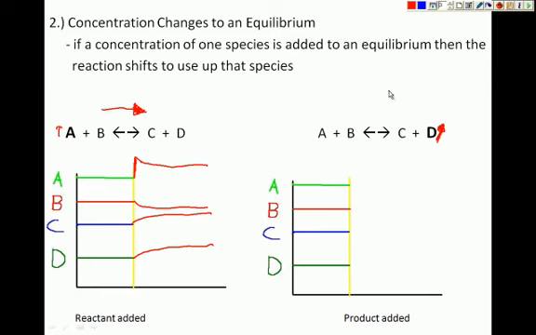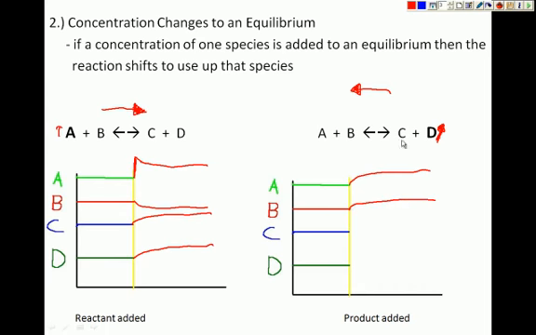So overall, the reaction is going to shift towards the reactant side, or the reaction is going to shift left, and A is going to increase, and B is also going to increase.